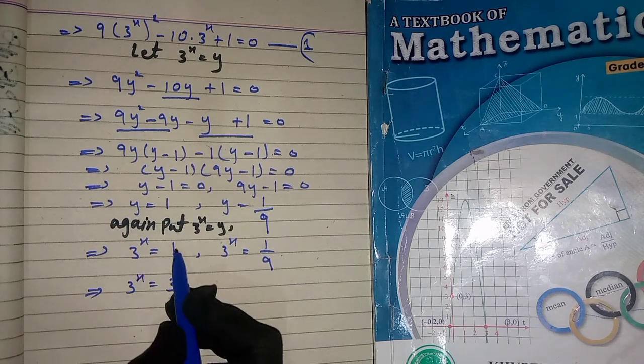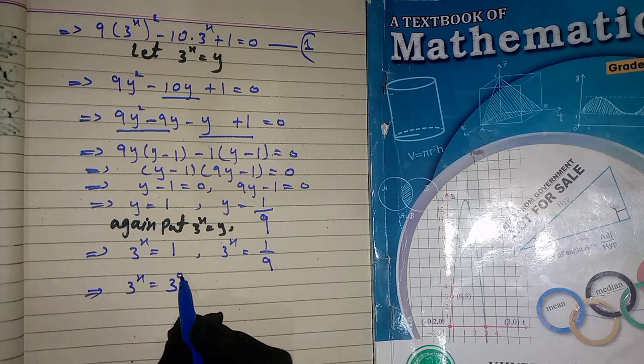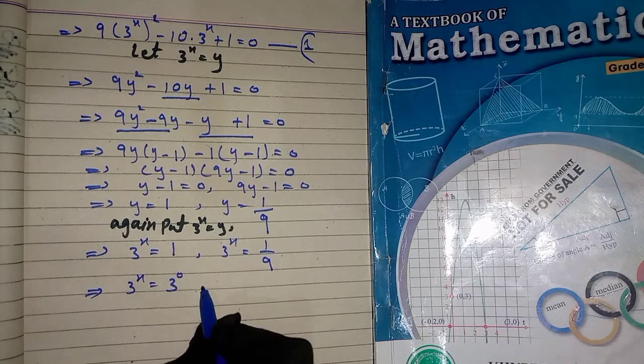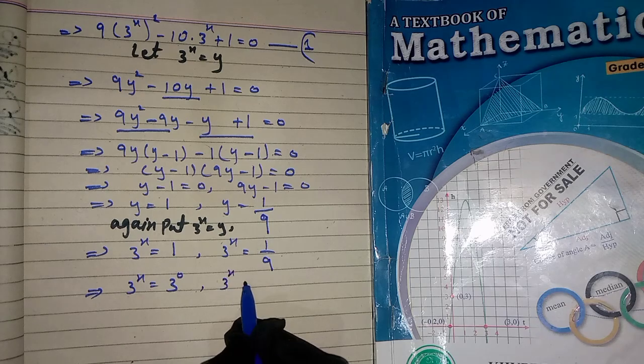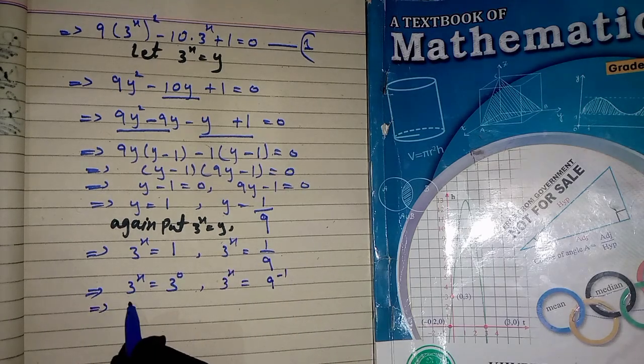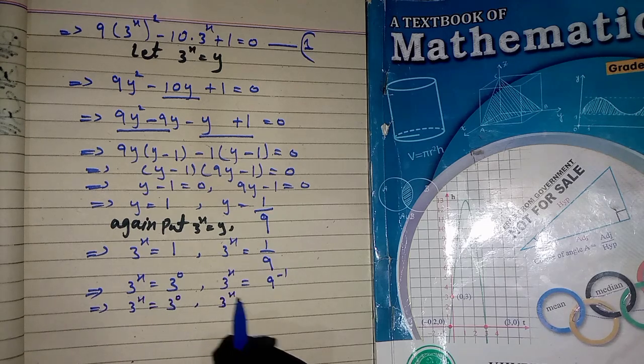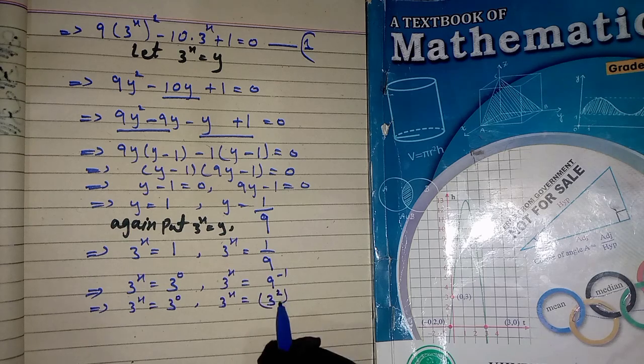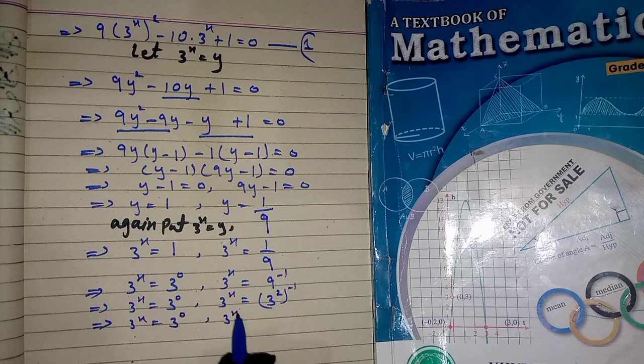We can write 1 as 3 power 0 because every number having power 0 becomes 1. 3 power x is equal to 9 power minus 1. 3 3s are 9. 3 power x is equal to 3 power minus 2.